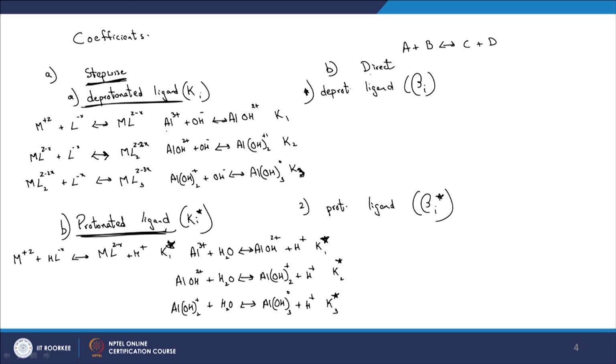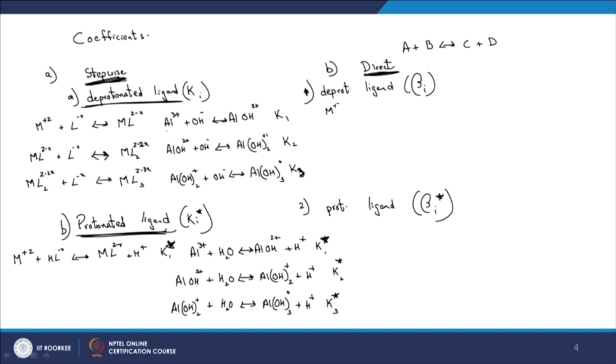So now I am moving on to the direct addition. Here I looked at stepwise addition as in one complex and then addition of only one ligand to that complex, again one complex, another addition of one ligand. But here it's obviously going to be a direct addition. So let's look at what that is. So the first example is going to be similar.